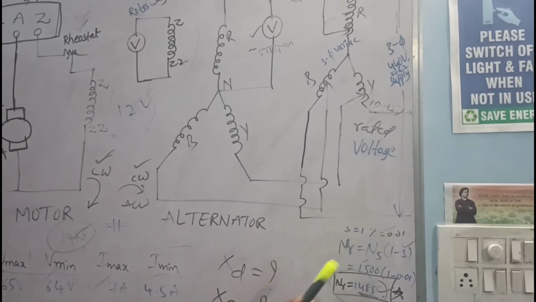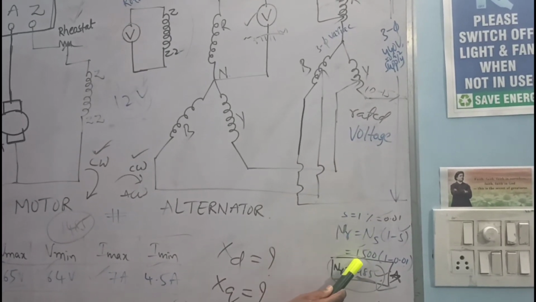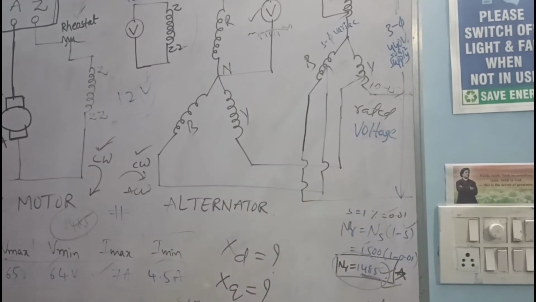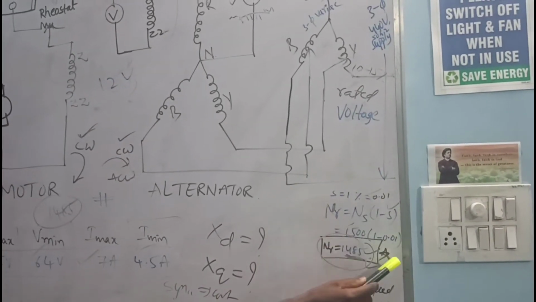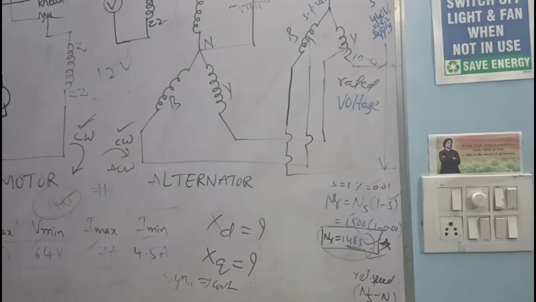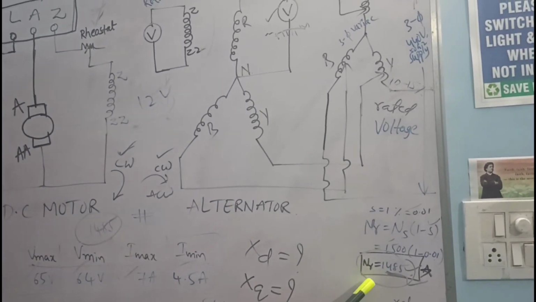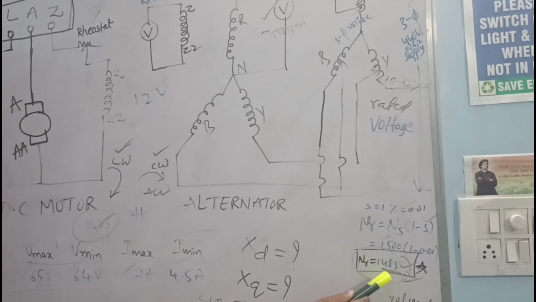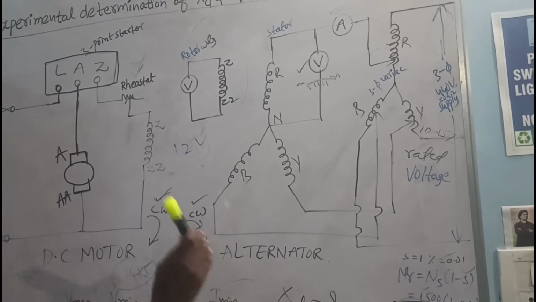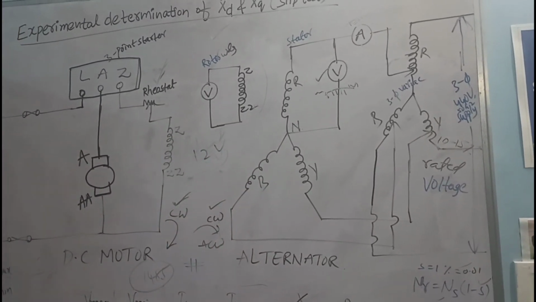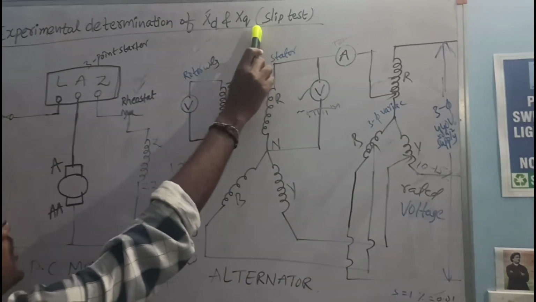NS, the synchronous speed, from the 120f by P formula is 1500 rpm. 1 minus s is 1 minus 0.01, so finally you get 1485 rpm. The rotor speed is 1485 rpm, but the stator field speed is 1500 rpm, so you get a small slip. That's why the experiment is called the slip test.